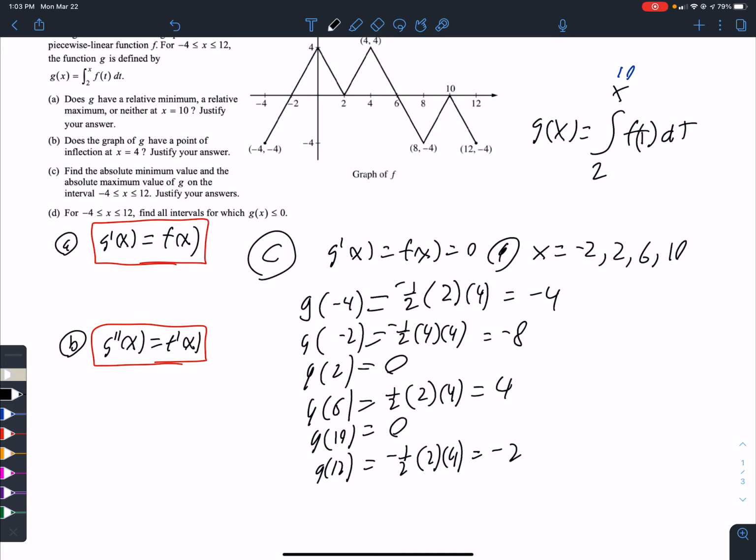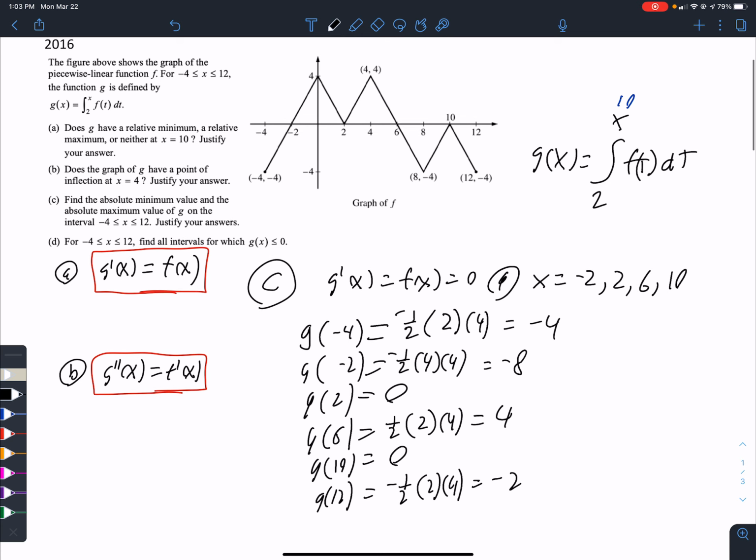The max is going to be the biggest one, and the min is going to be the smallest one. So that's what I need to do, right? So let me take a look. What year was this again? 2016. Just want to make sure I'm getting the right one there. So which one is the smallest number? Clearly -8, right? So find the absolute minimum value.